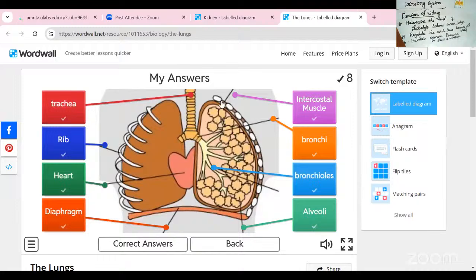These are all called intercostal muscles. This part is known as the bronchi, and these branches are known as bronchioles. Alveoli means the air sacs. Okay, I think you got some idea about the lungs.